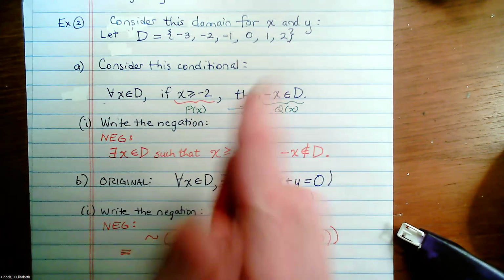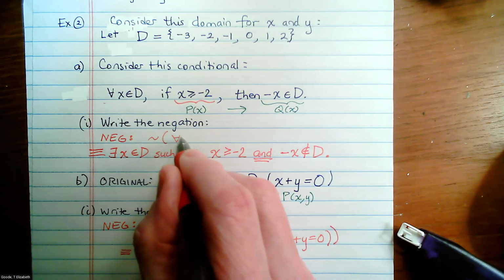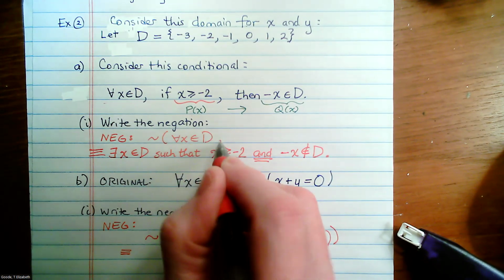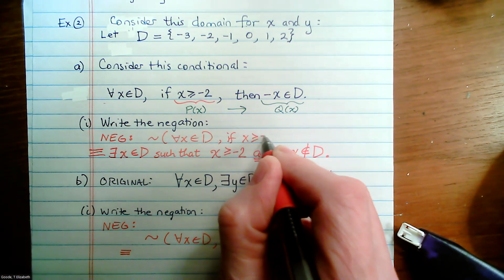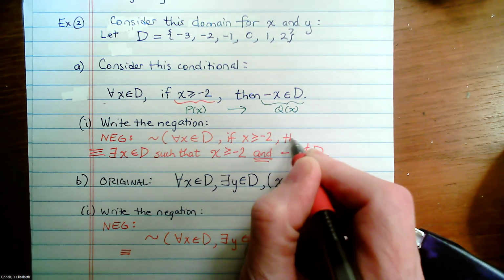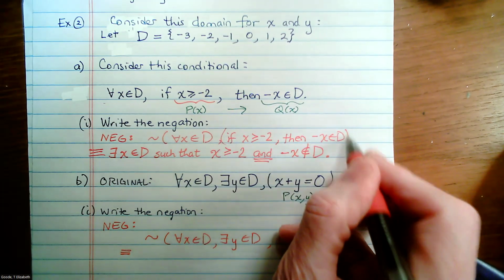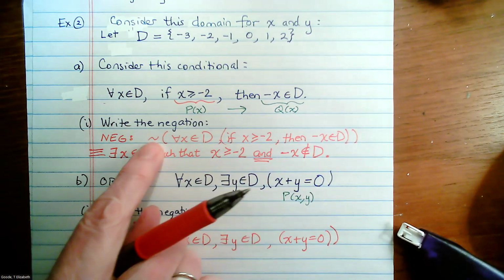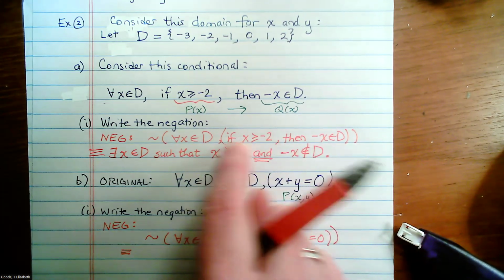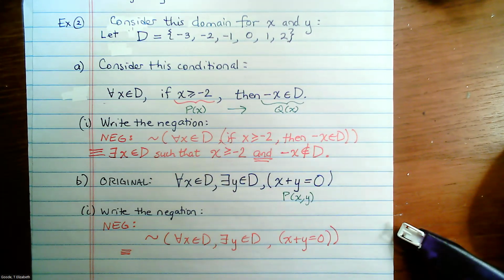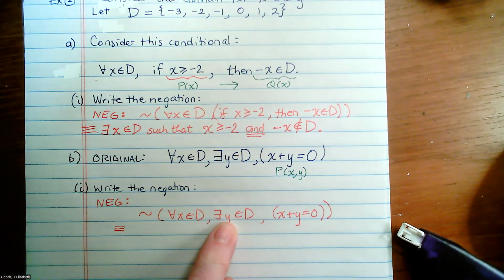Just like here, what we really did was we negated, we didn't write it, but we negated for all X in D, if X is greater than or equal to -2, then -X is in D. We brought the not through and we flipped the for all to there exists, and then we negated this, P and not Q. Well, it's the same kind of thing, even if you have two different quantifiers.